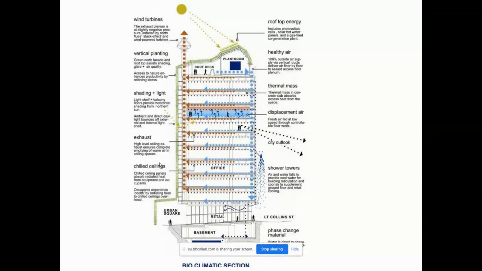You can see that the energy is moved around this building, not in air with air in ducts. It's moved around with water, and the water picks up the heat from the offices, takes it down to the basement, where we have phase change material that has a huge thermal capacity, which I'll explain a bit later.